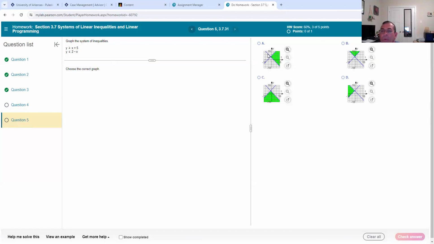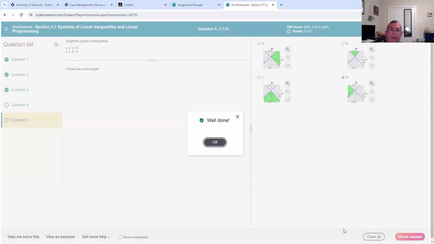So y'all, knowing what we just drew, would we pick A, B, C, or D? All right, so I lost my chat. Because remember, ours was shaded on that left side, so it looks like we're going to pick D on that one, okay? And then check your answer.